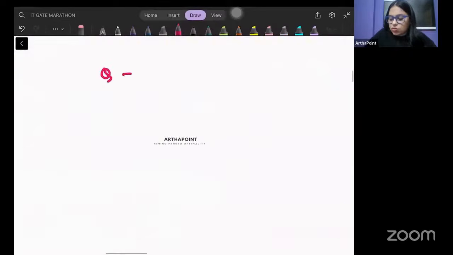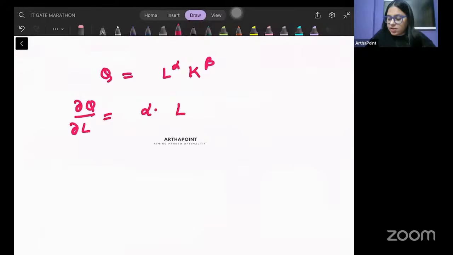Let's say my Q is equal to L to the power alpha, K to the power beta. I just find the marginal product of labor, del Q by del L. It will be alpha, L to the power alpha minus 1, K to the power beta. This is the marginal product of labor. Now what do I do?